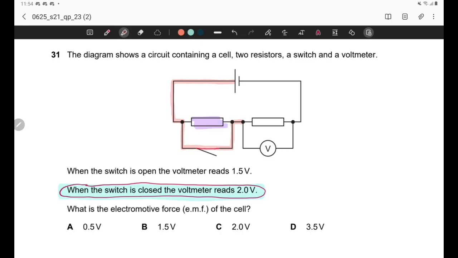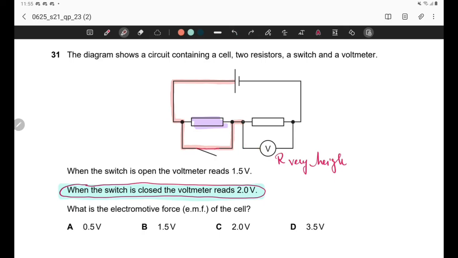Once it reaches the second junction, again it has 2 paths, but the resistance of the voltmeter is very high, so no current will flow through the voltmeter. Whatever current reaches here cannot pass through the voltmeter, as the voltmeter resistance is infinity.